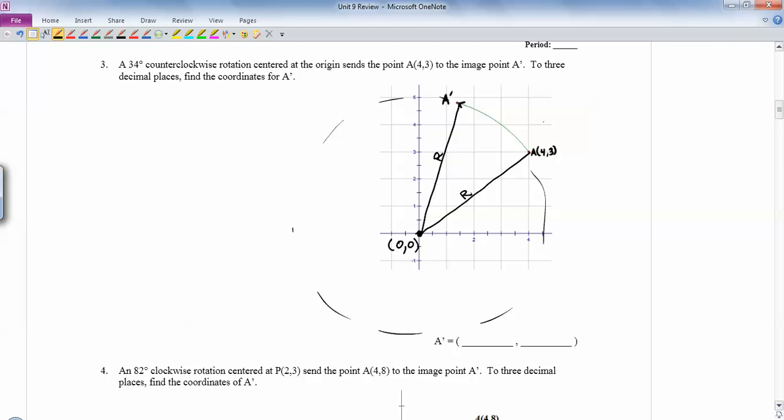And the rotation was 34 degrees, so this central angle would also be 34 degrees. So let's see. We take the point 4, 3 and we end up where A prime is. So the goal is to figure out what A prime is.